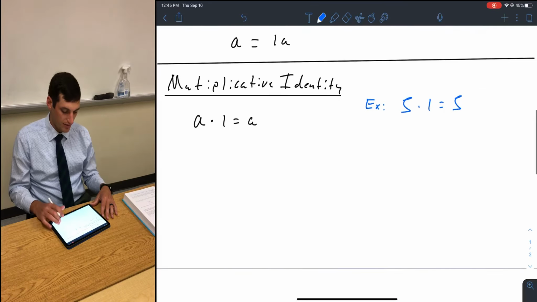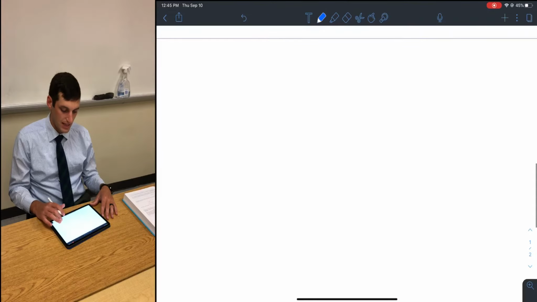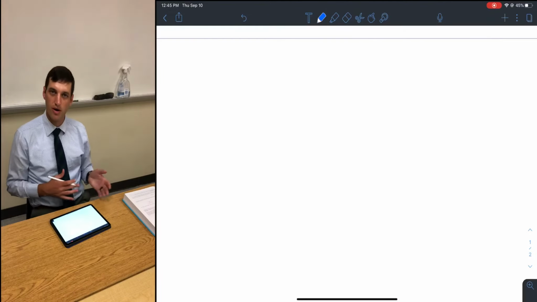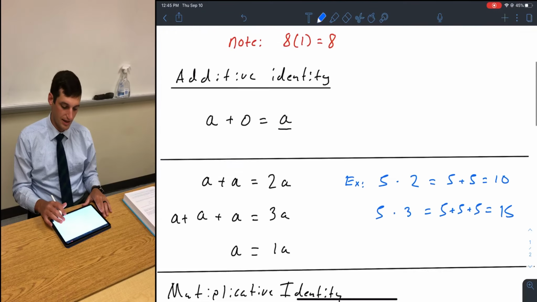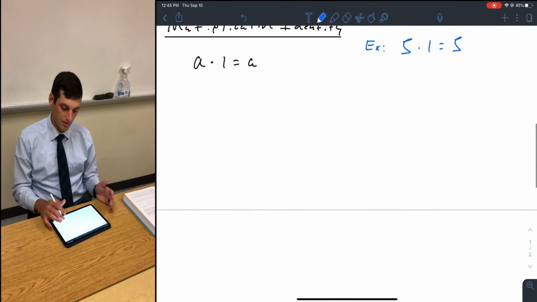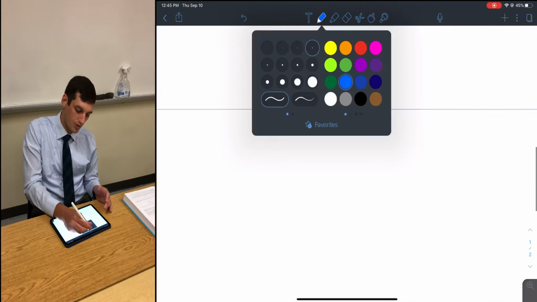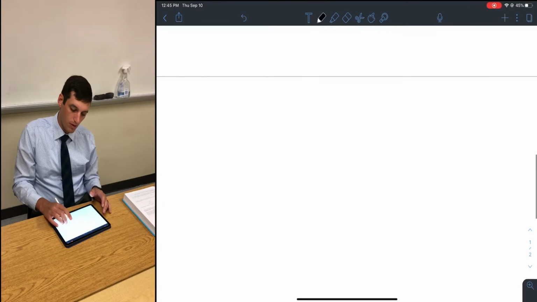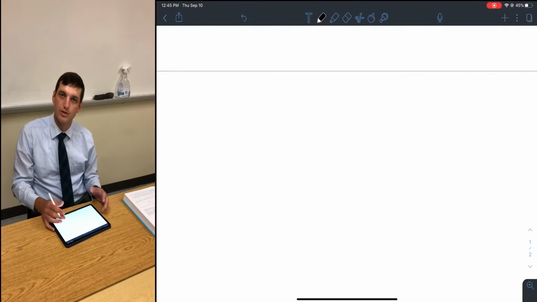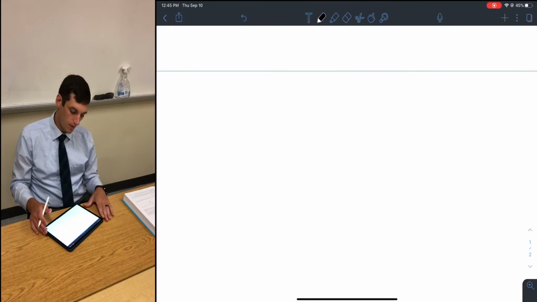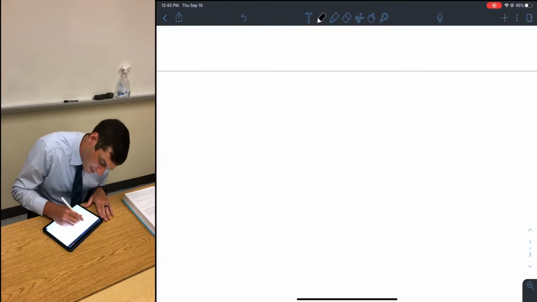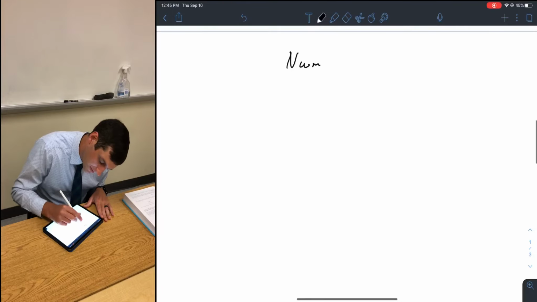All right, so going from there, now we're going to talk about the different types of numbers. So we've built upon the numbers. We've talked about the identities, the very foundation of numbers. Now we're going to move on to the different types of numbers. So I'm going to write at the top numbers, because that's what we're categorizing.